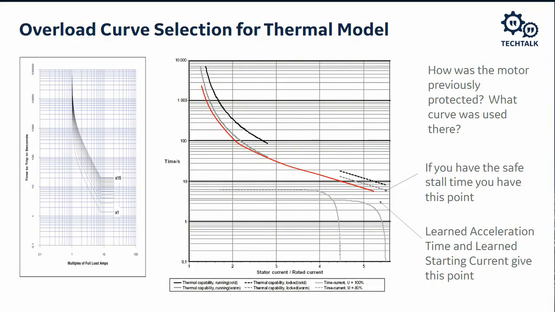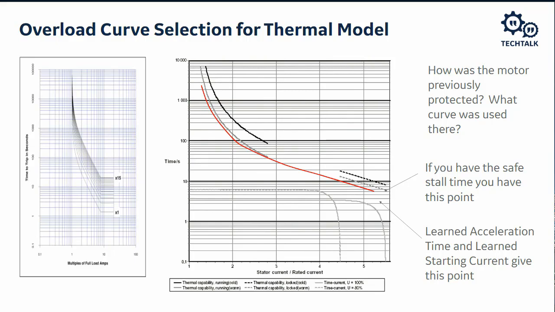Now, in our situation here, we don't have that data, right? We don't have these curves that we're looking at here, and that's a little bit problematic. So what do we do? Well, if we know the locked rotor time, either hot or cold, what we know is that point that I'm identifying as the safe stall time.